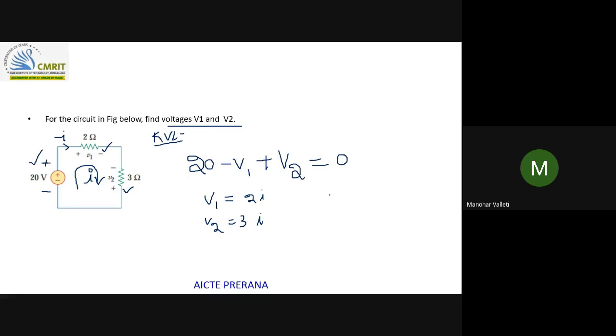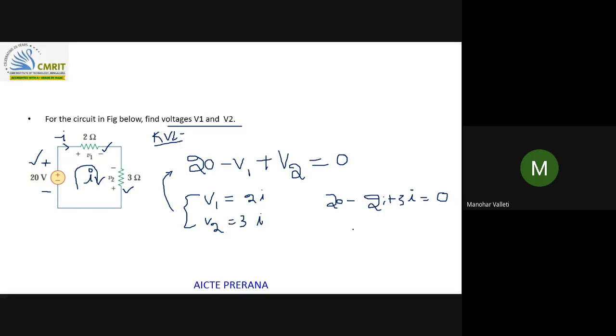Substituting these two in this equation, 20 minus 2I plus 3I equal to 0.